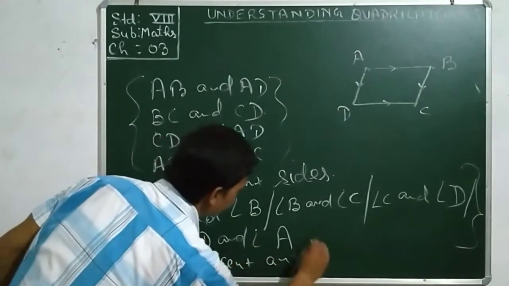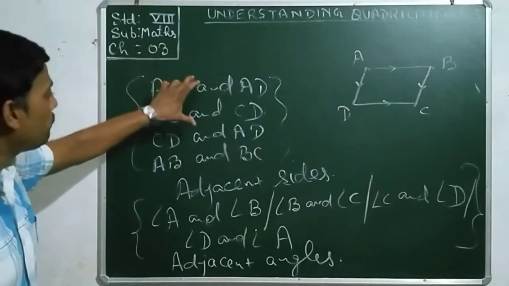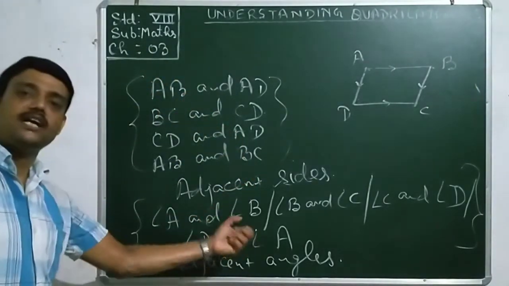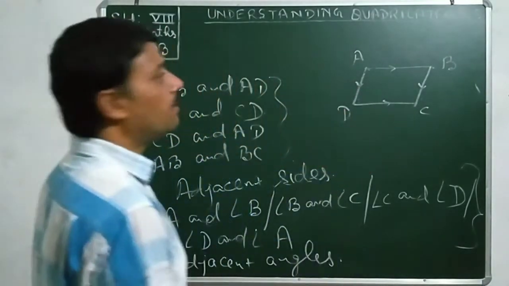In this way, we got 4 pairs of adjacent sides and 4 pairs of adjacent angles in a parallelogram.